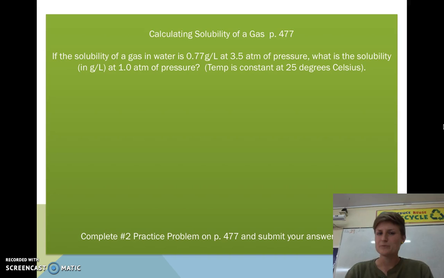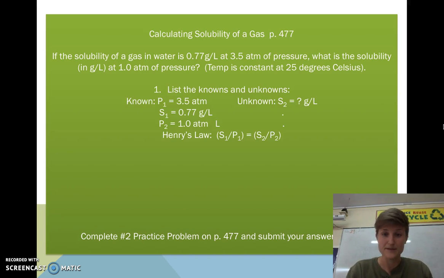So if the solubility of a gas in water is 0.77 grams per liter at 3.5 atmospheres of pressure, what would the solubility be at 1 atmosphere of pressure? Okay, so we keep temperature constant. It gives you the temperature, it's constant, so you don't have to worry about it. First we want to list our knowns and our unknowns, and you can see that I've done that.